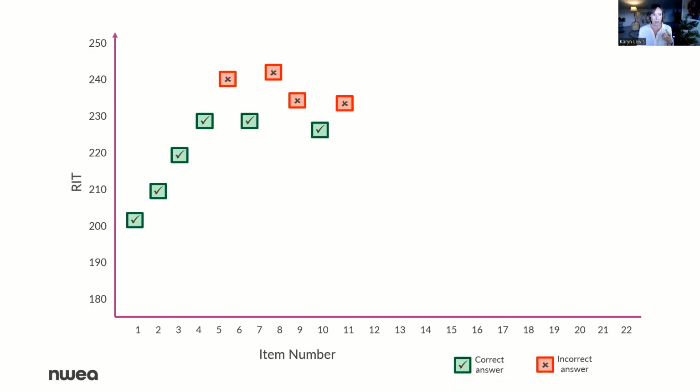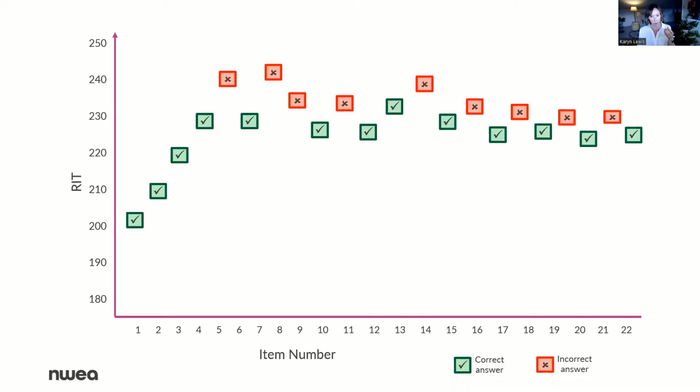And this is the process that happens over the course of the test. These slight adjustments: getting easier when students get an item incorrect, getting more challenging when a student gets items correct, to try and find that edge of their ability level. In this case, for this student, we end with a RIT score of about 228.